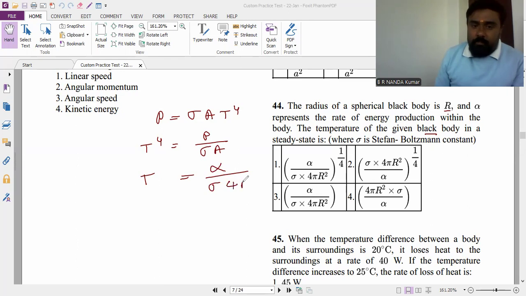A means the area of the sphere, 4 pi r square. So we apply the fourth root, power 1/4. T is equal to (alpha divided by sigma 4 pi r square) power 1/4. The right answer is the first option.